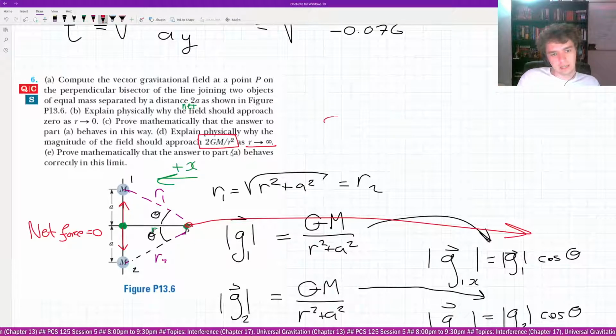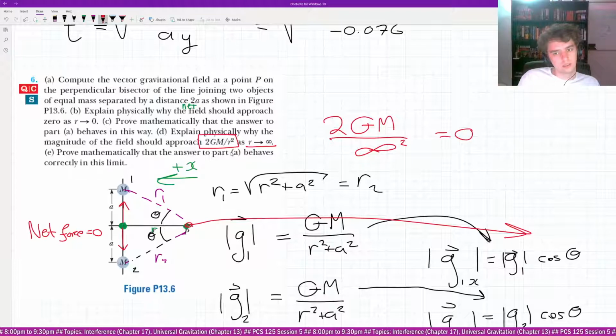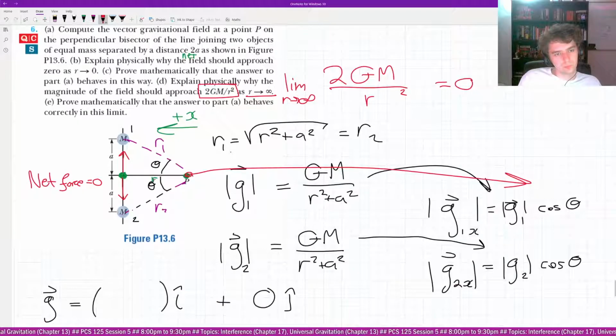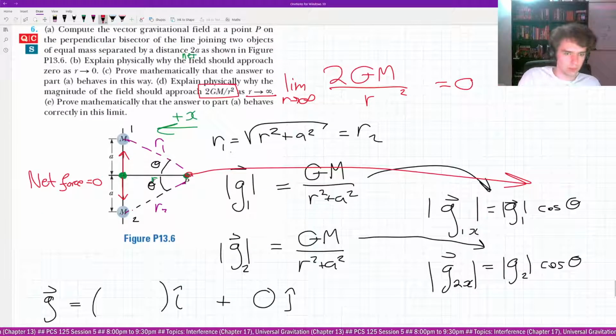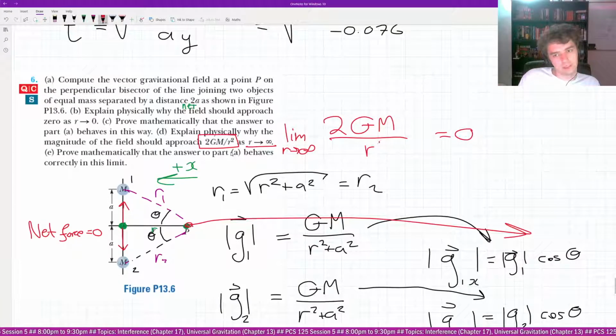But you're right. If I have 2GM over infinity squared, that's 0. Or the limit as r goes to infinity of that is 0. But again, that wasn't what the question was asking. The question was asking, why do we get this expression?